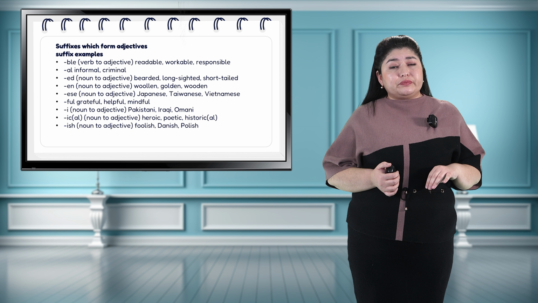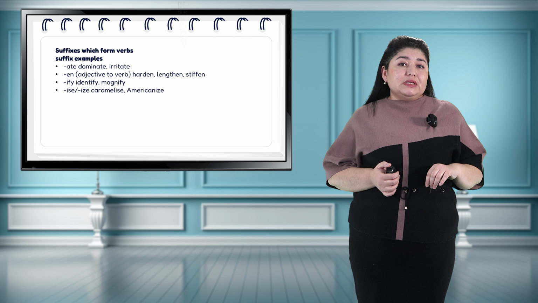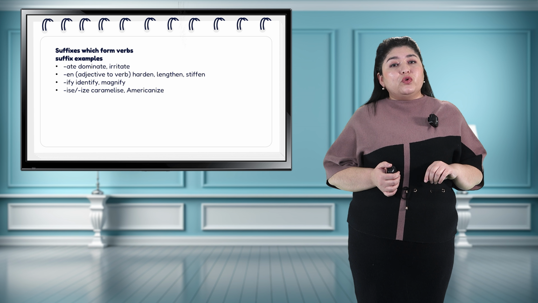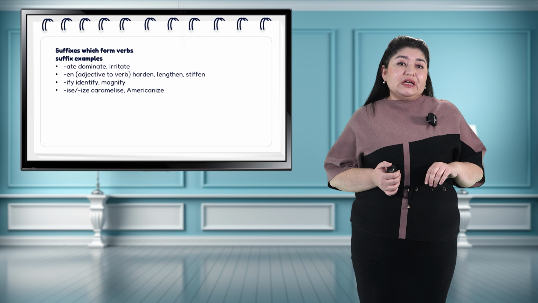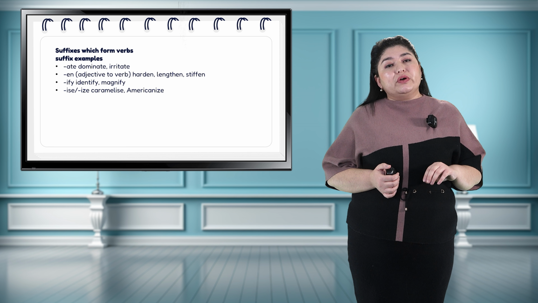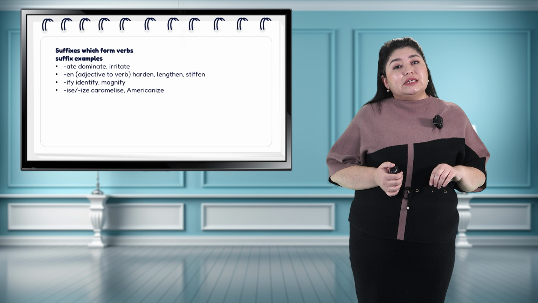Suffixes which form verbs, suffix and examples: ate, to dominate; or en: harden; or ise and the spelling ize. Suffixes which form adverbs, examples: ly, for example, slowly or aggressively. Very occasionally, non-suffixed and suffixed forms may be used more or less synonymously.